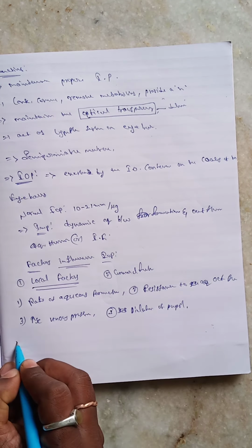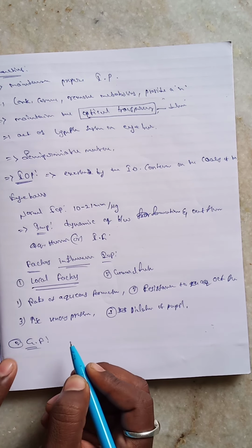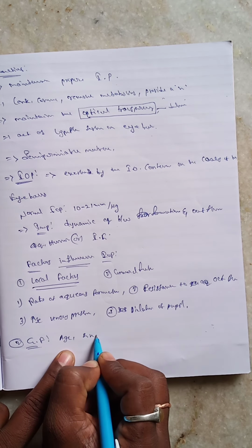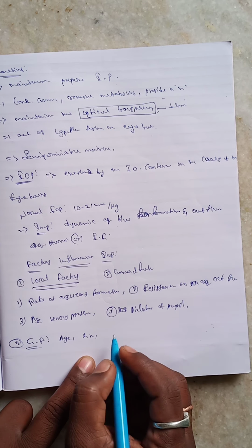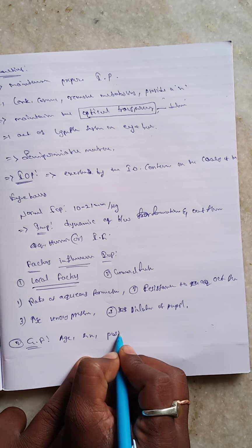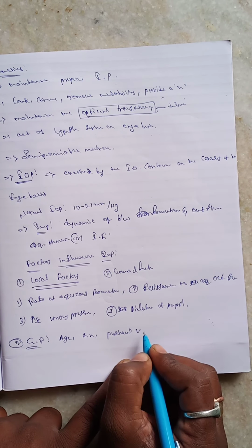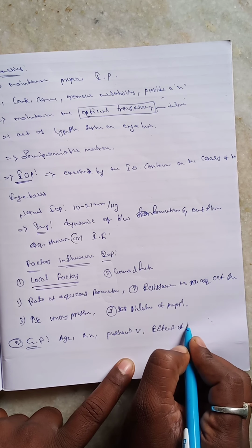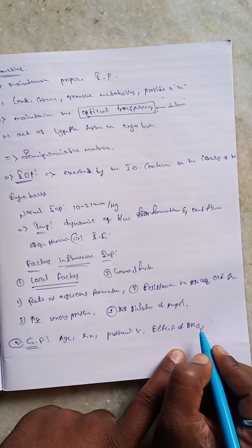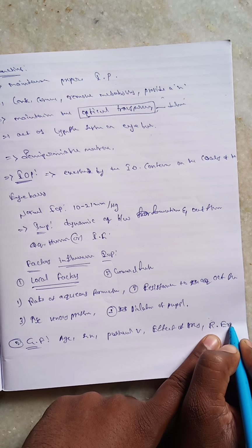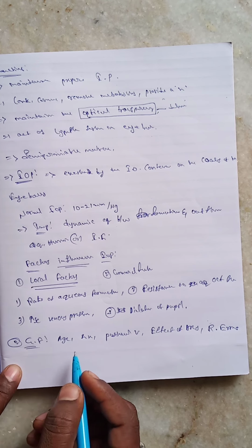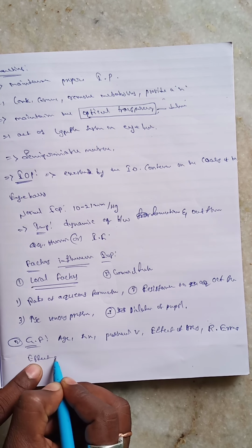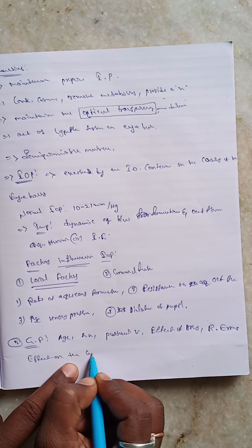What are the general factors? The general factors are age, sex, postural variation, effects of drugs, refractive errors, and the effect of general anesthesia.